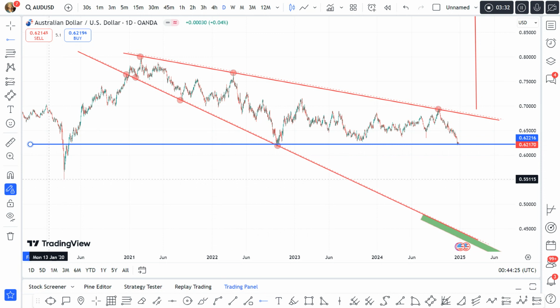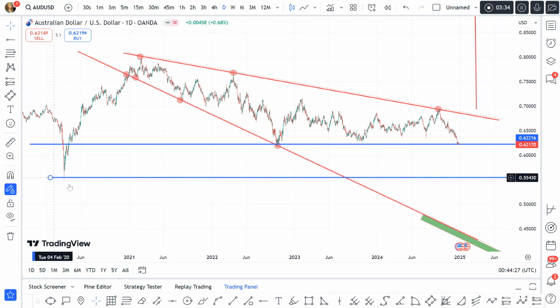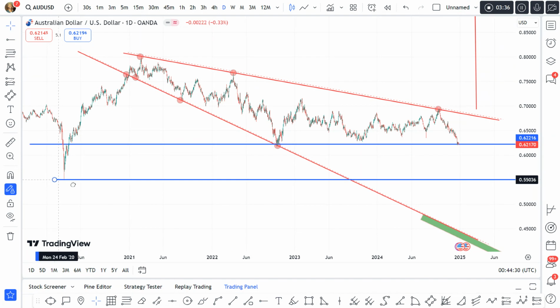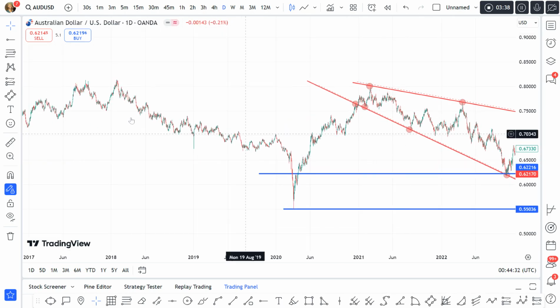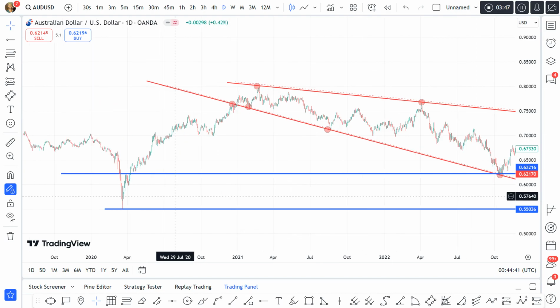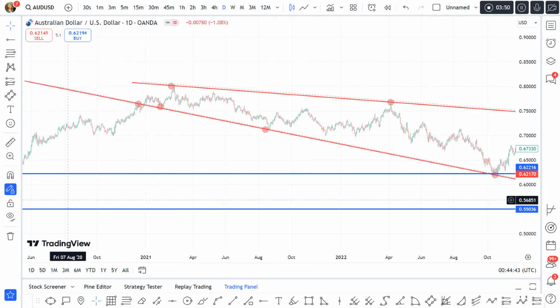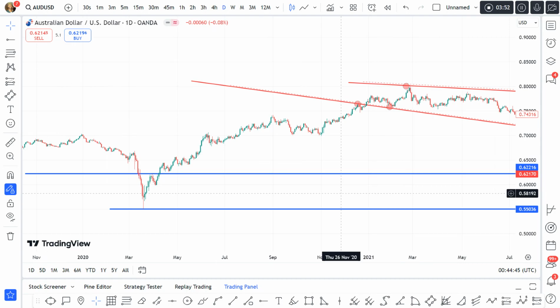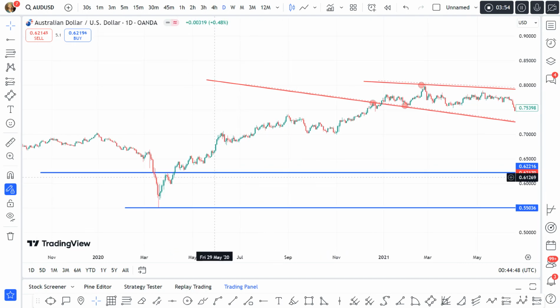Price switched from a series of lower lows and lower highs until we had a change in bias and price started trending. At this level you can see that price broke out from the double bottom, then tested the neckline of the double bottom.